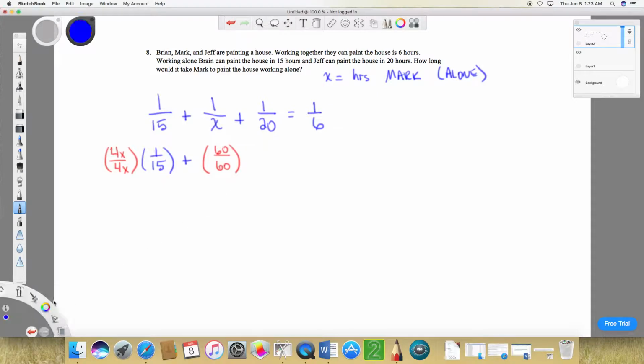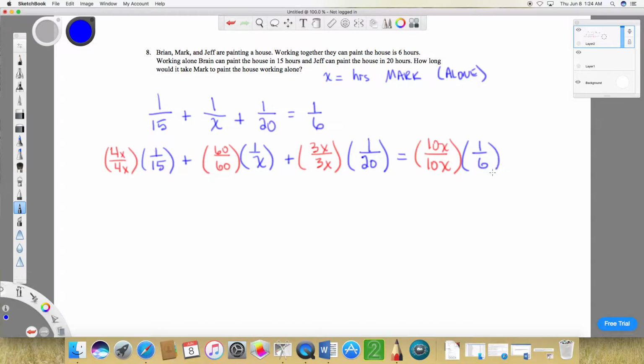That'll get me a 60x in the denominator. For this next term, let's multiply by 3x over 3x, because that will get me a 60x in the denominator. And let's multiply this one by 10x over 10x, and that will get me a 60x in the denominator as well.